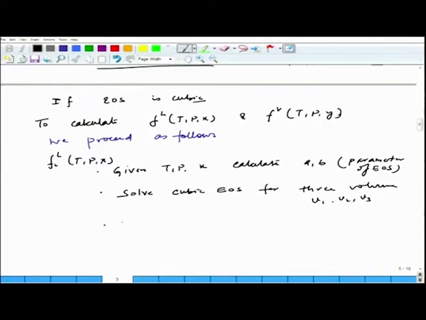Now for the case of liquid, you take VL as the minimum value of these. Okay. Right. So in such a case, you can write FL(T, p, x) is equal to Fi(T, V, x). Okay.